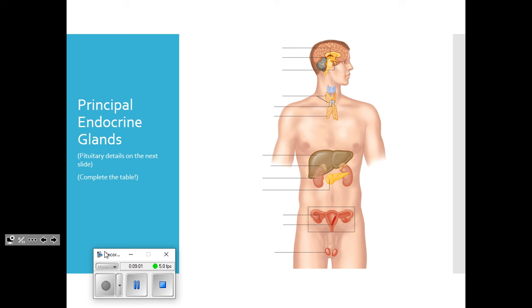Now the structures that you see below, those are reproductive structures, and so I'm showing you them now because of course they're endocrine glands, they're making hormones. But we're not going to get a ton into the details of those hormones until we get to the section on reproduction. So this next line here is pointing at one of the 2 ovaries. So 8 are the ovaries.